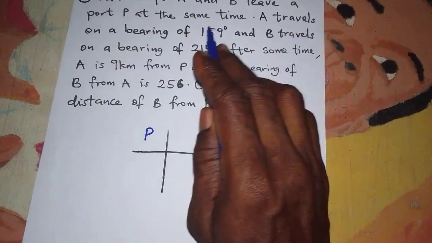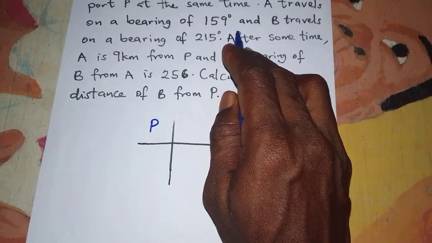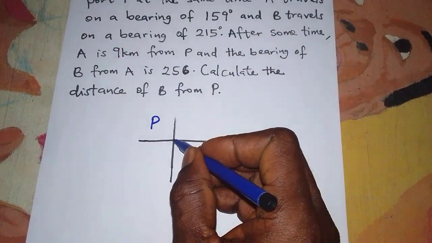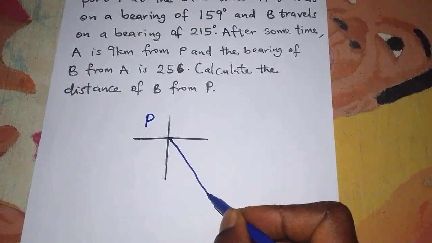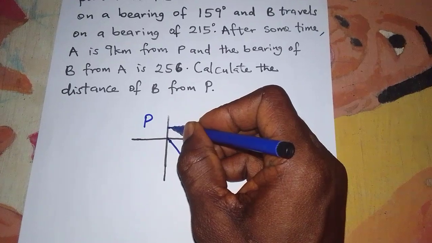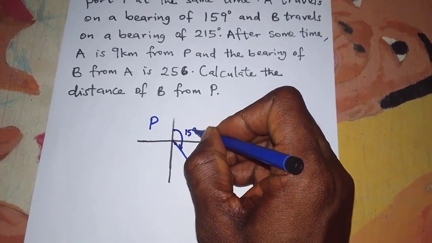A travels on a bearing of 159 degrees. 159 is in the second quadrant. So we draw a line in the second quadrant, and from north to this line is 159.